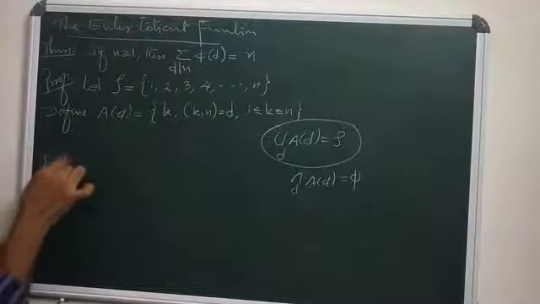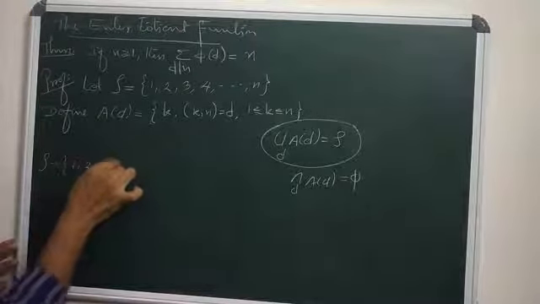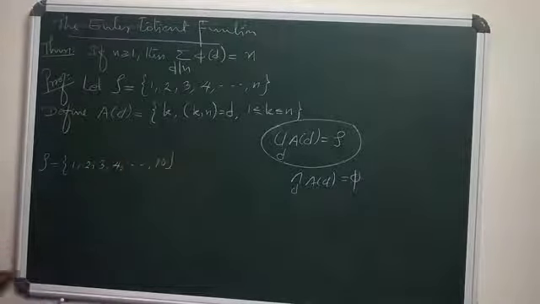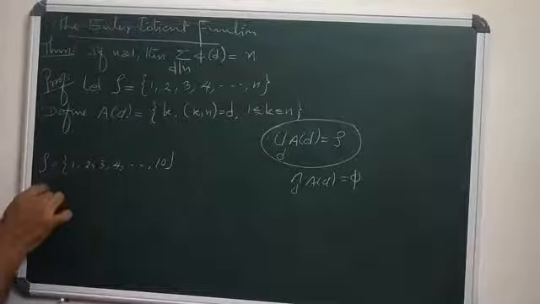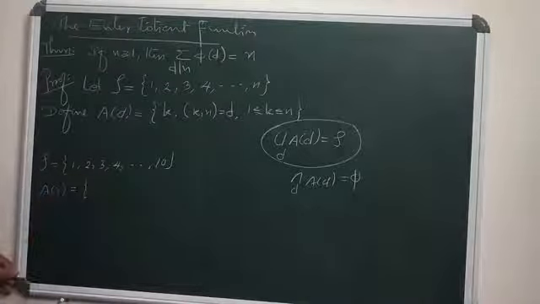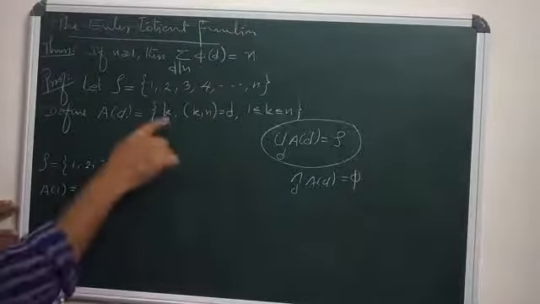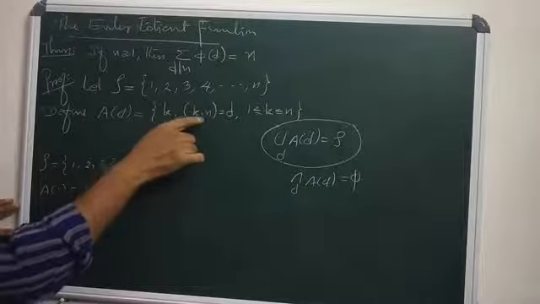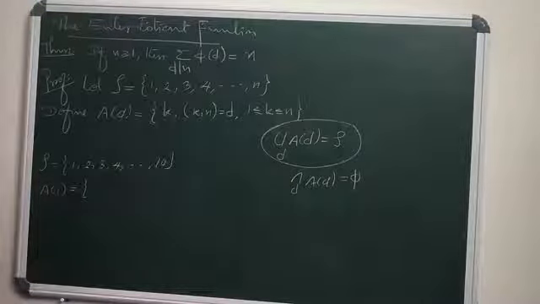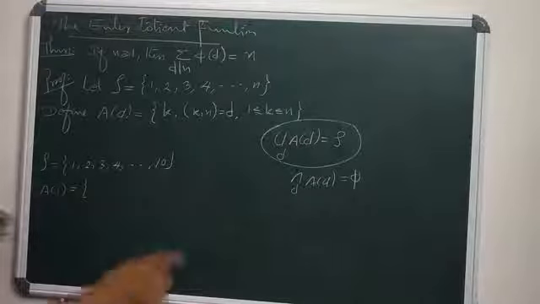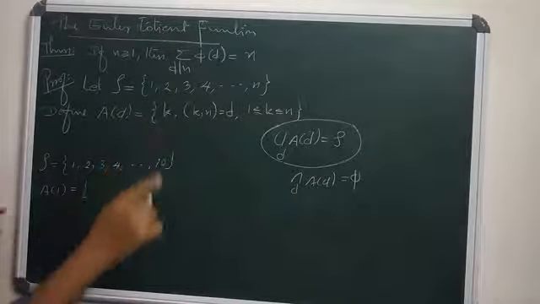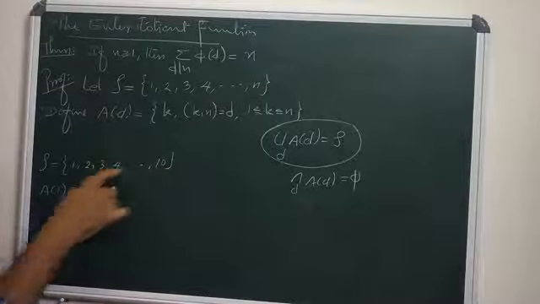Consider, suppose S equals the set 1, 2, 3, 4, up to 10. So what is A of 1? 1 is a divisor of 10. So A of 1, you can find the number of k's such that GCD of k and n is D, which here is 1.